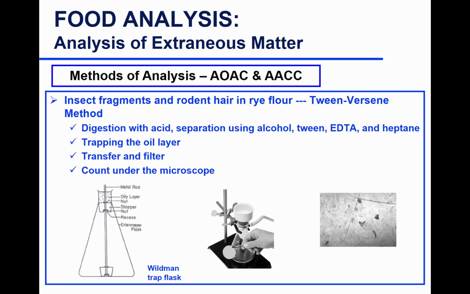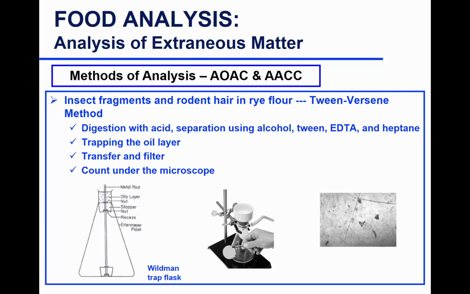In this procedure, we use what is known as a Wildman trap flask. You have an Erlenmeyer flask and a stopper with a long tube attached to it. Your sample aqueous phase will be in the lower part, due to density, and the oil layer and all of the light filth will be at the top.